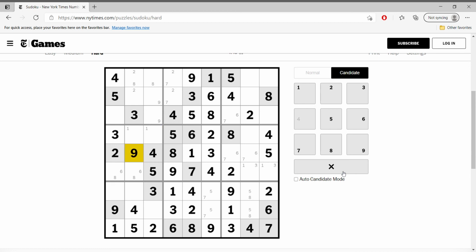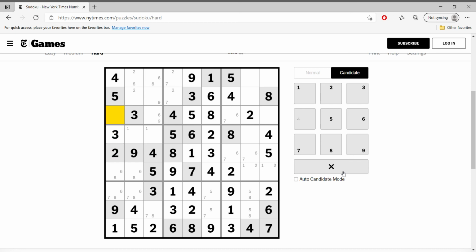I want to enter the other digits here because 6 is in 2 cells, right? So 6s occupy these columns. 7 here we don't really know. 8, I'm not so sure about either.